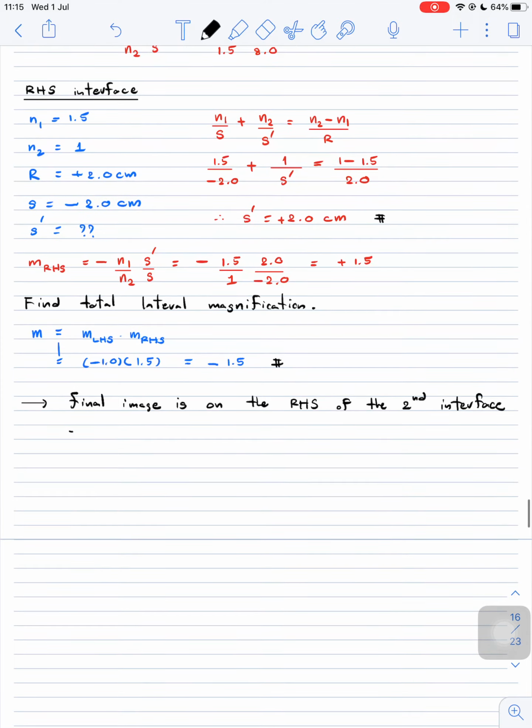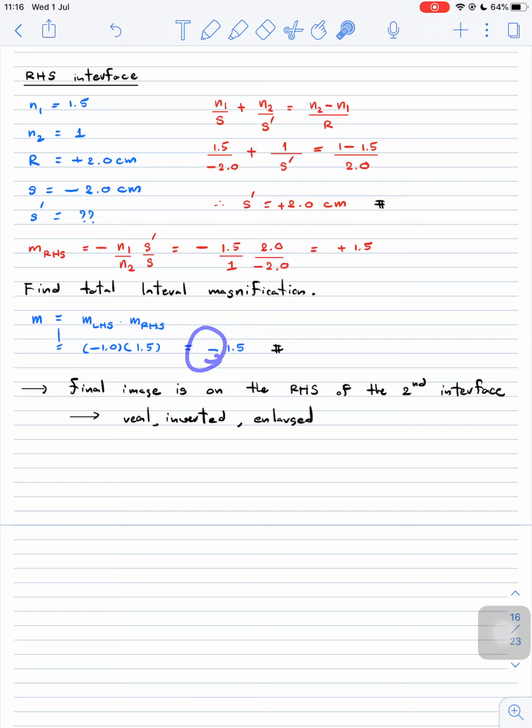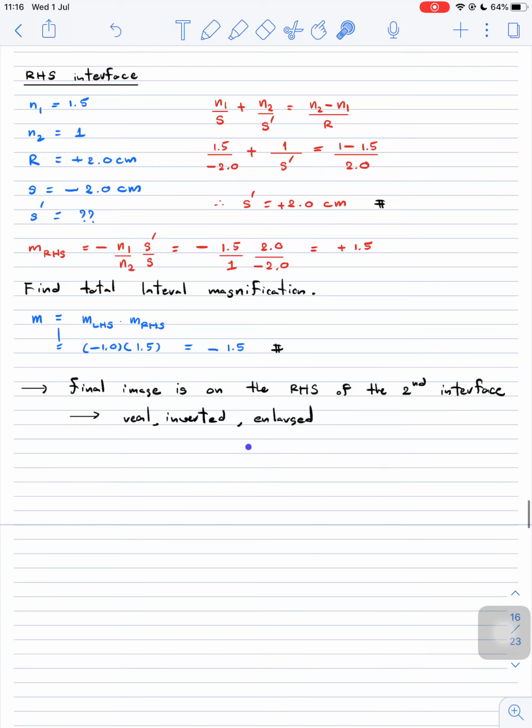And the image is going to be real, because the S prime is positive, right? And the image is real, inverted, and enlarged, right? Because we have this negative sign, it means that the image is inverted compared to the original object, and enlarged because this number is greater than 1.